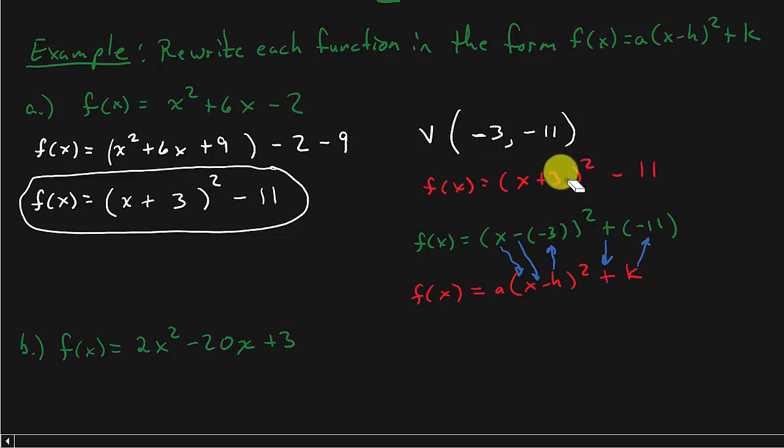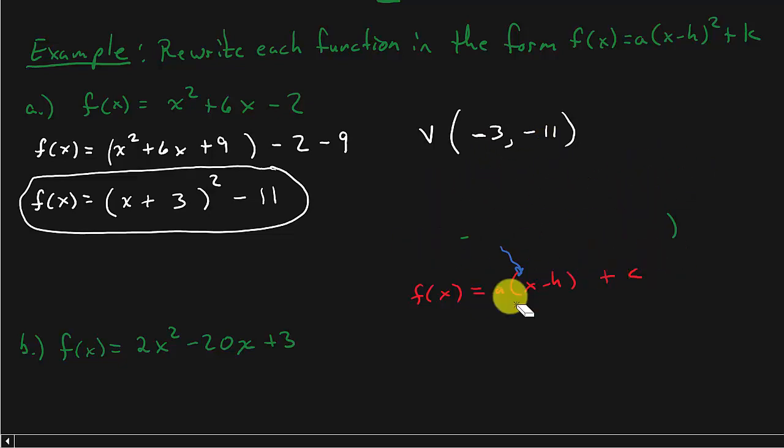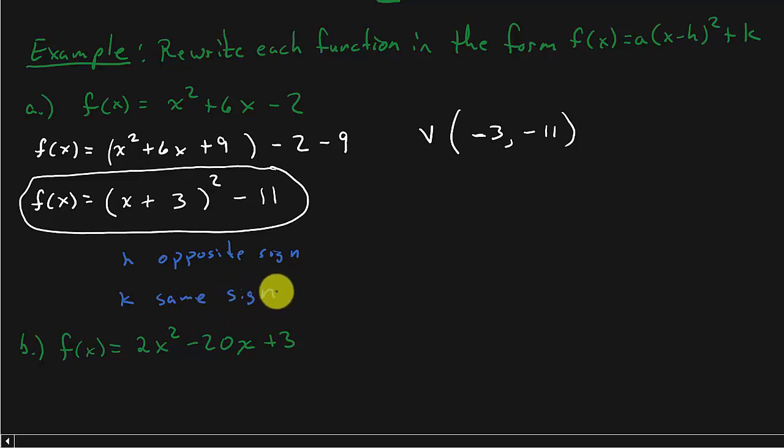Now, let me tell you the easy way to remember it. The easy way to remember this is whenever you get it into this form, h will have the opposite sign of what you see, and k will have the same sign as what you see.